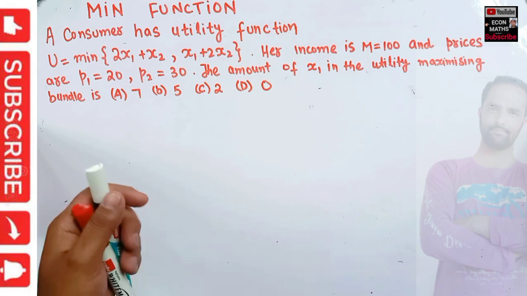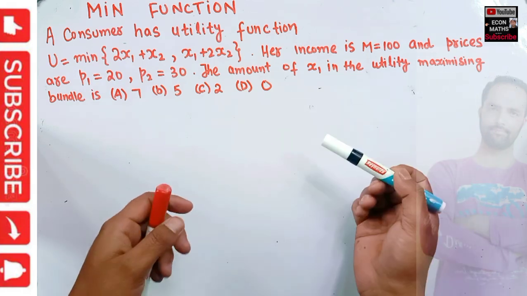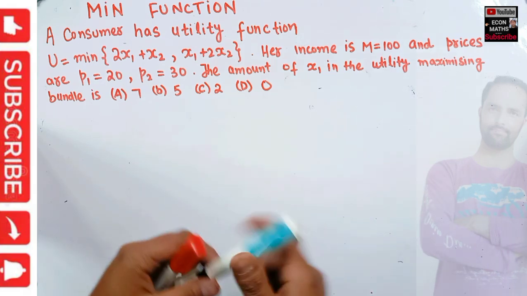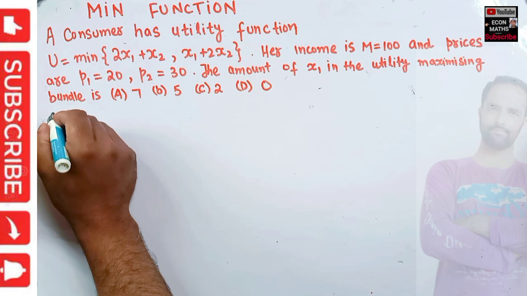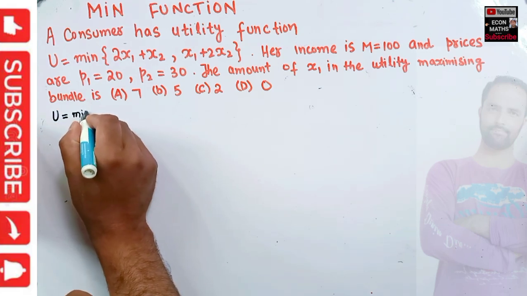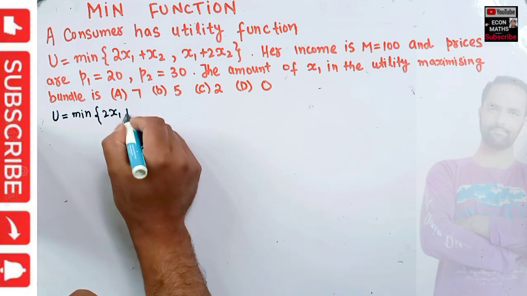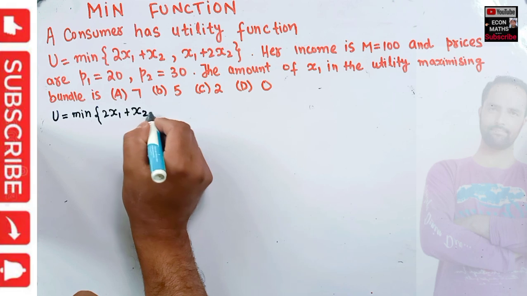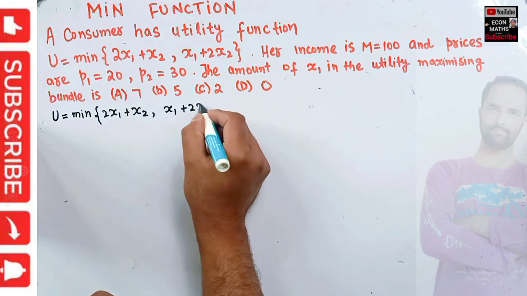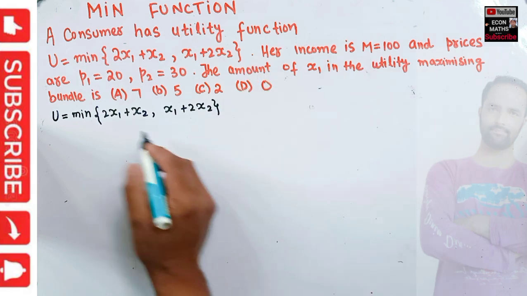We need to find out the utility maximizing level of good x that our consumer will consume. So what we are being given, we have this utility function, that is u is equal to minimum of 2x1 plus x2 and x1 plus 2x2. And what is our budget constraint?